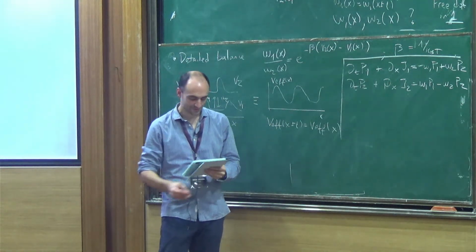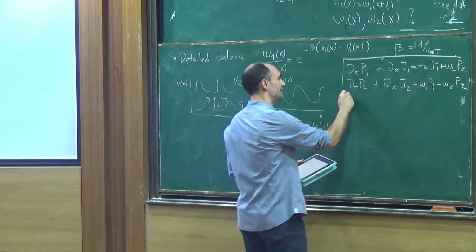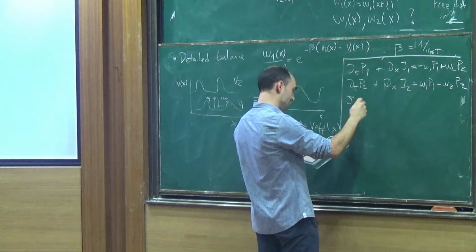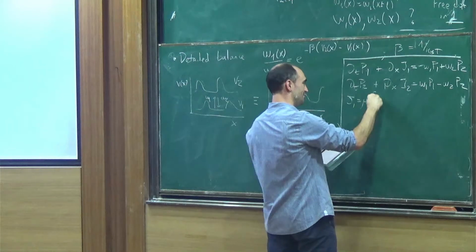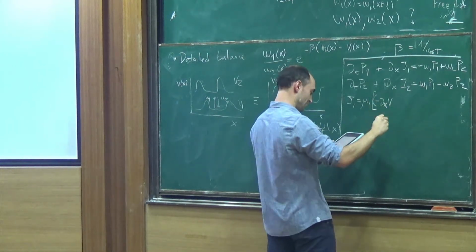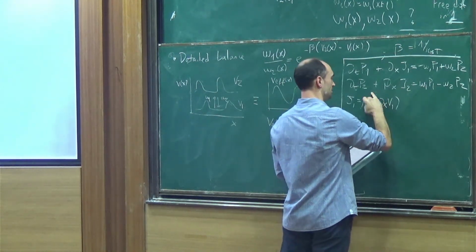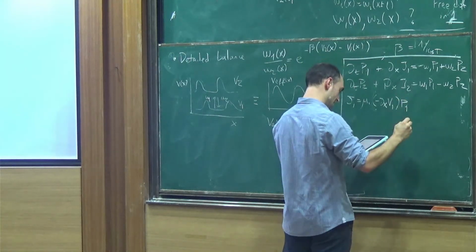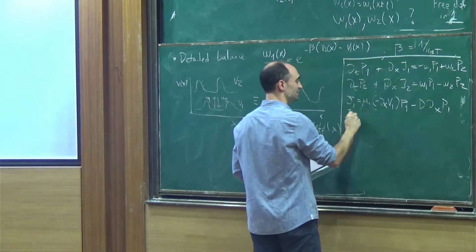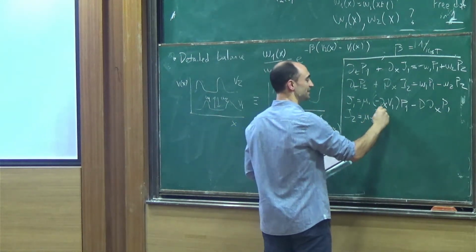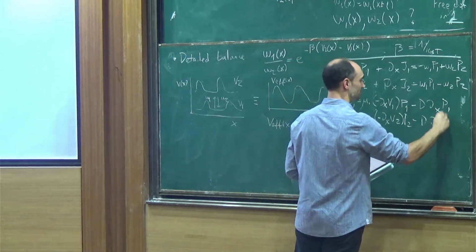Again, I'm going to write the currents briefly. The currents are Fokker-Planck currents. So there is mu1 times force minus D partial x P1, and the same for J2, with the mobility and minus D partial x P2.